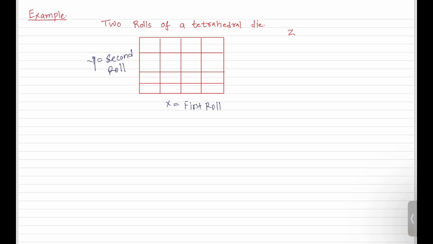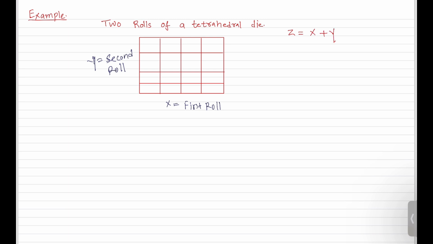We saw in our very first video on random variables that we could have many random variables associated with one particular experiment, and we could even have a random variable derived from these original random variables. So how is it defined? This random variable z is defined as the sum of these two random variables, right?